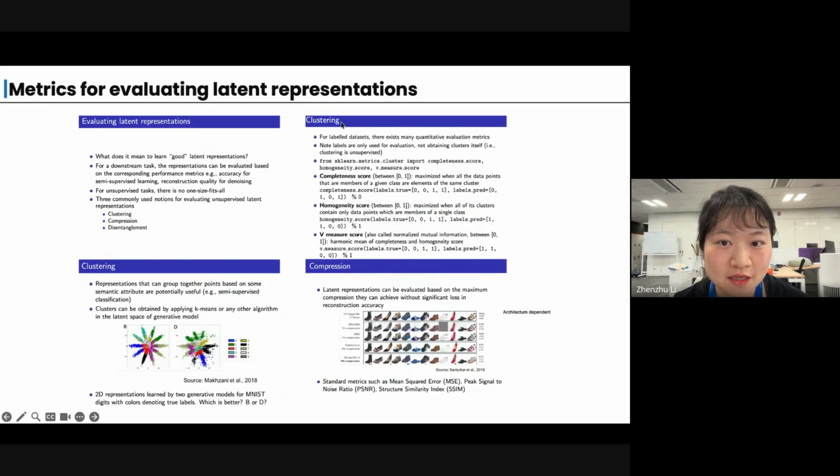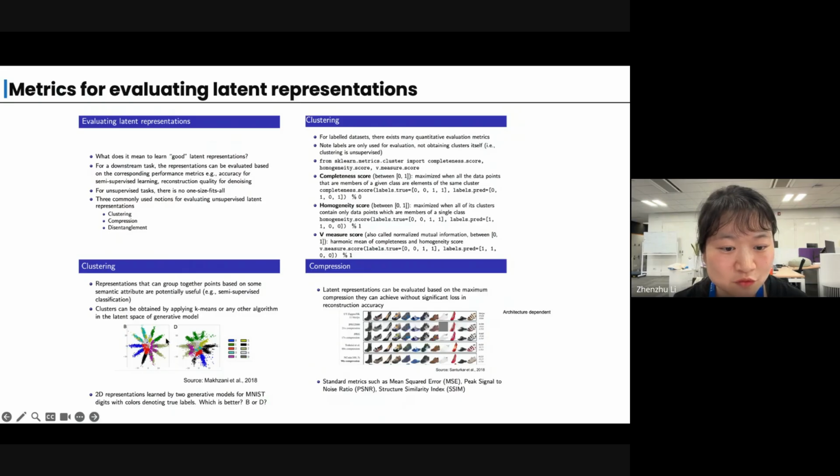The clustering I have mentioned, but for clustering specifically, we can also check how well the clusters have been learned. For example, even on this very simple task of the MNIST dataset, we want to differentiate the 10 different digits from 0 to 9.